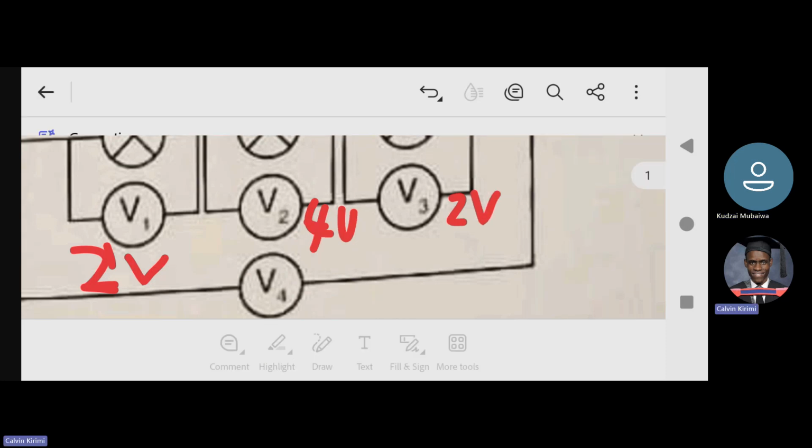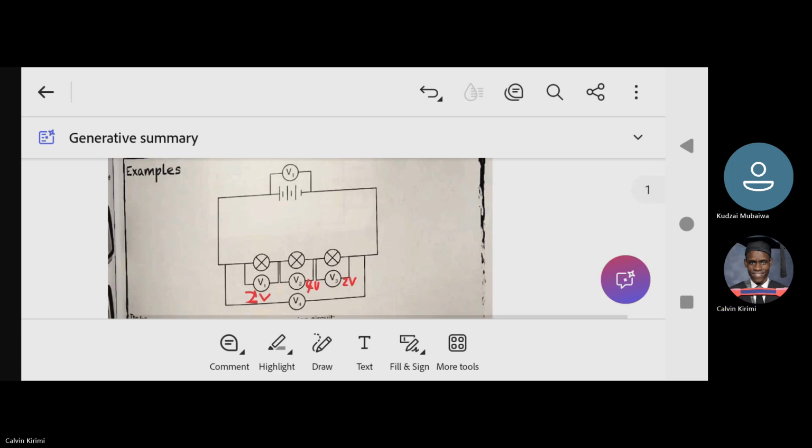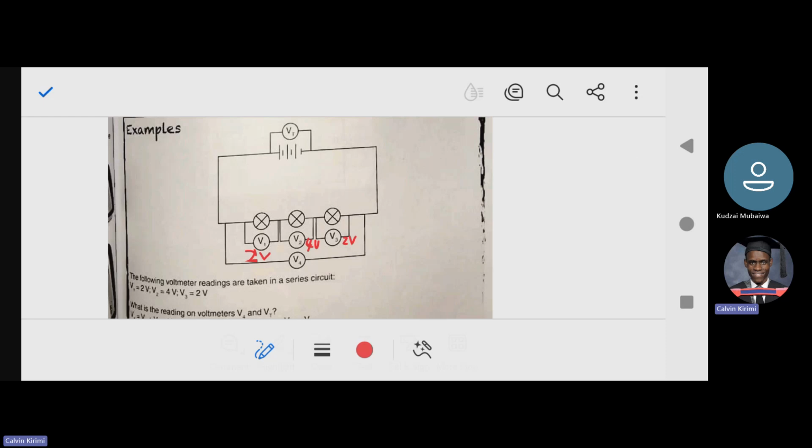All right, so let's calculate. What is V4 and what is V total? V4 is equal to V1 plus V2 plus V3, which is how many volts? 8 volts.